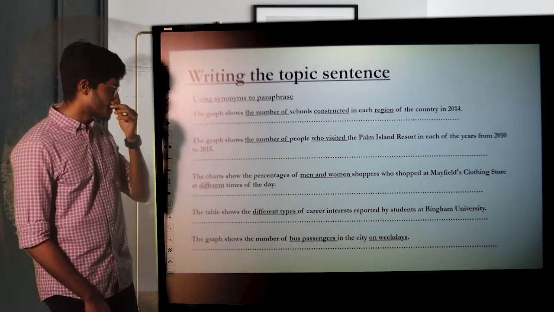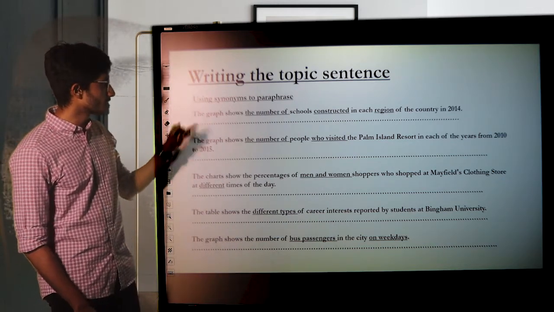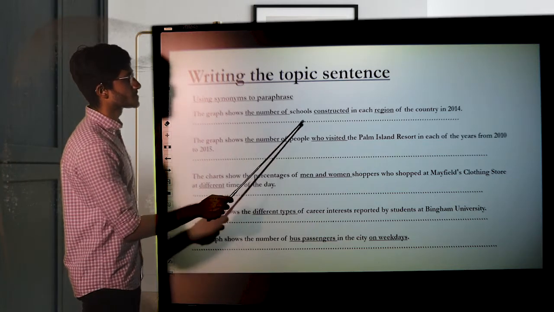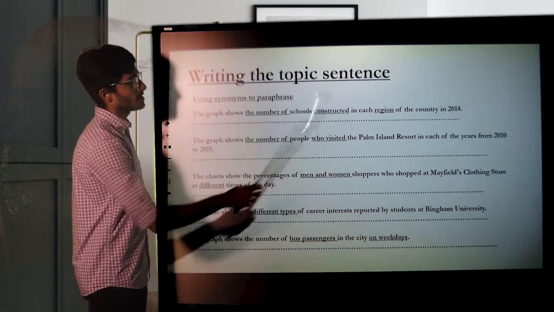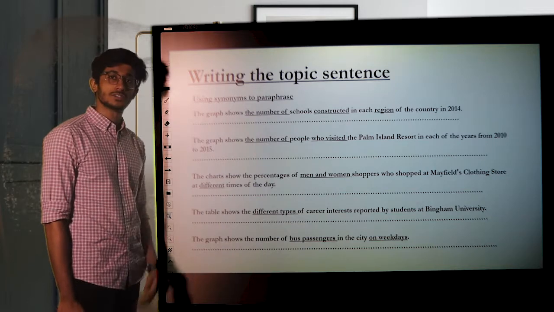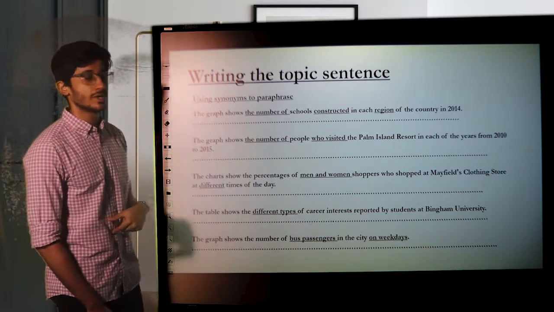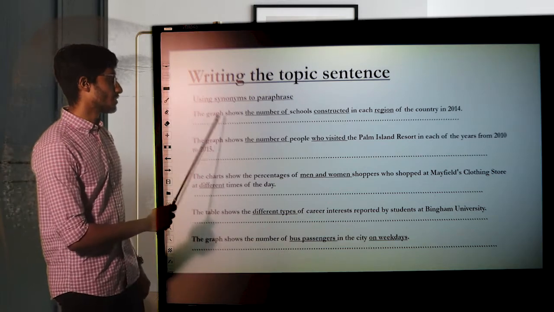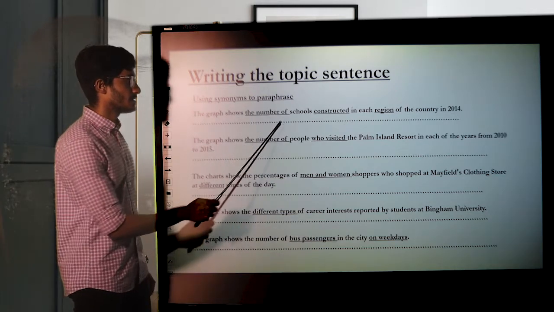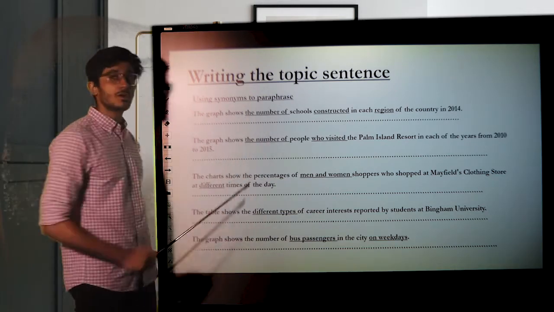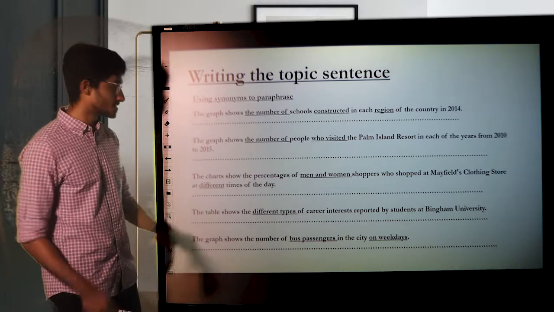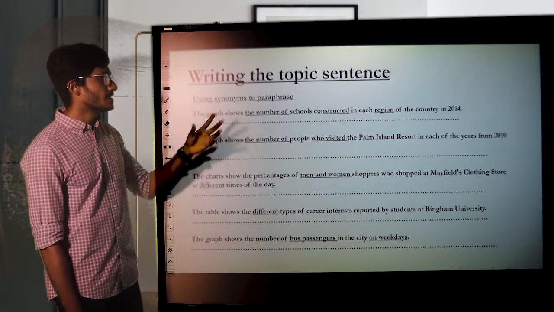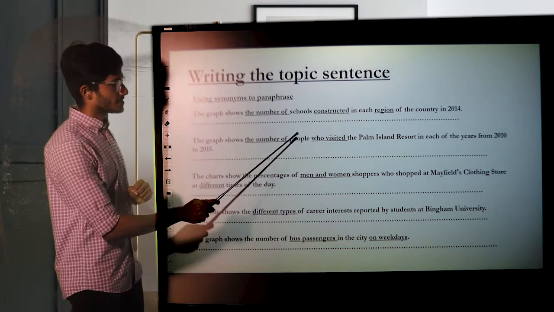So how can we do that? Here it said the graph shows the number of schools constructed in each region of the country in 2014. So how can you write it in a different way? Let me do the first one for you. Here you can write the graph shows, in place of the number of, you can say different schools. The graph shows different schools built.